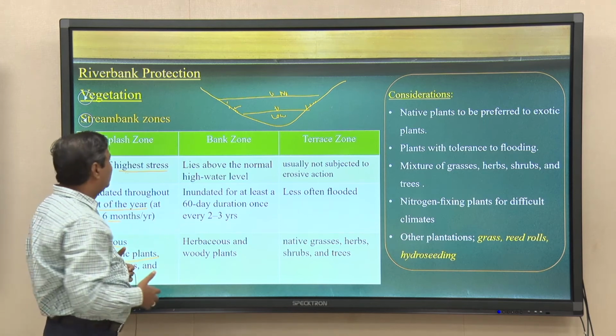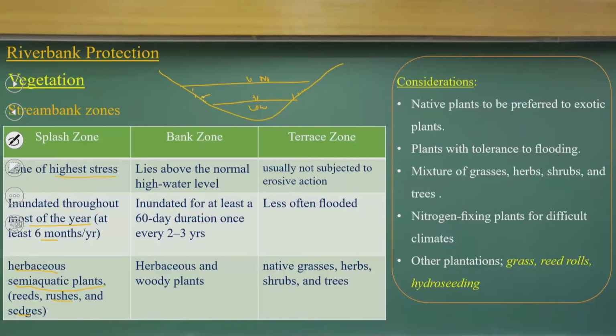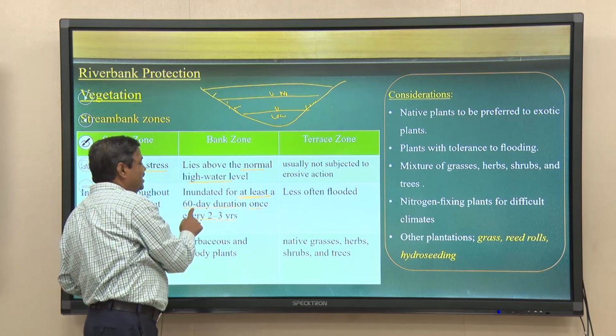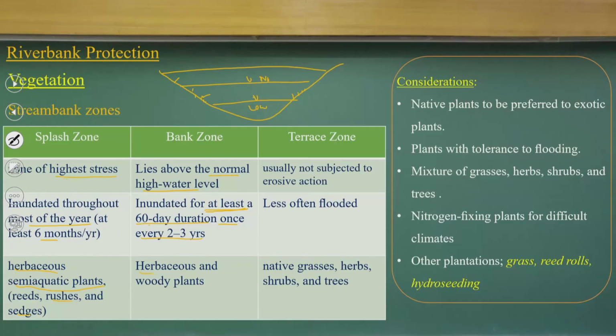Okay. If you have a bank zone, which is above the normal to high water levels, it is inundated for at least 60 days, once in every 2 to 3 years. Inundation does not happen so often here, so you can have hibiscus or weedy plants.